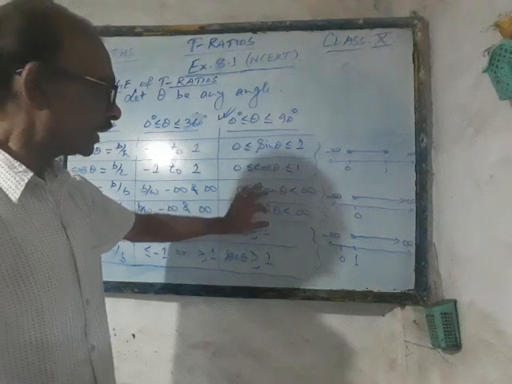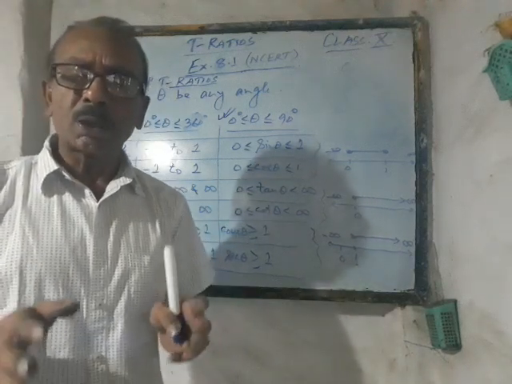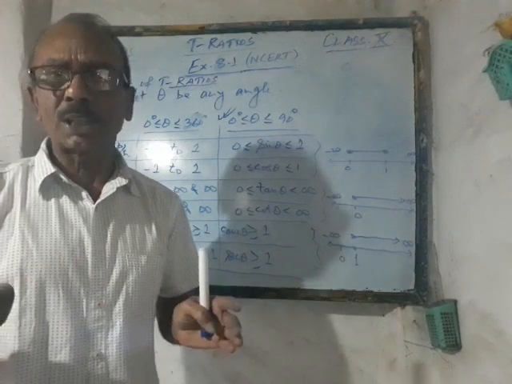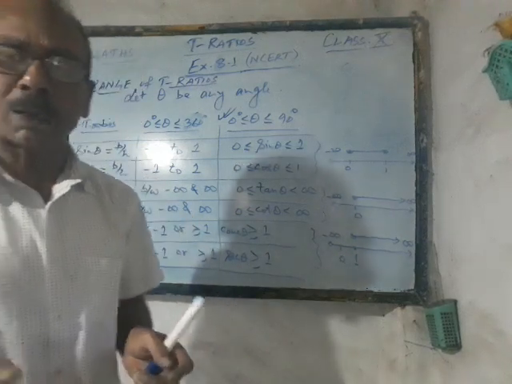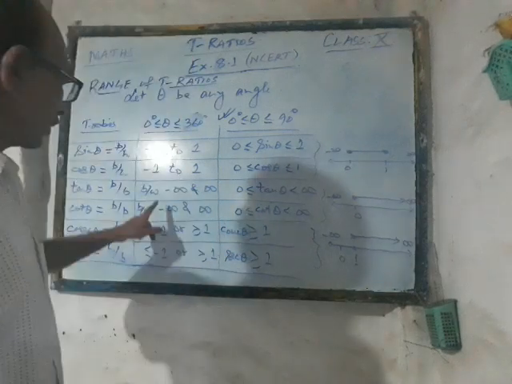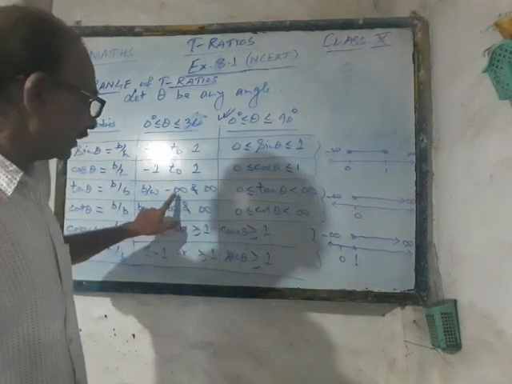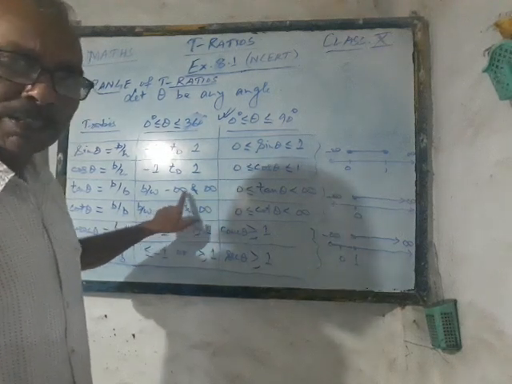So far as tan theta and cot theta are concerned, tan and cot can take any real value. That means tan theta may be 1 upon 1 lakh as well as 1 crore or something like that. So I have written that tan theta and cot theta lie between -infinity and infinity.